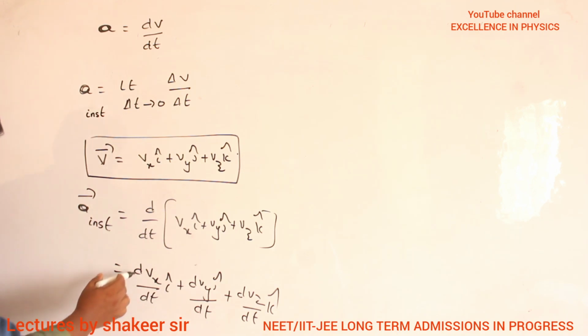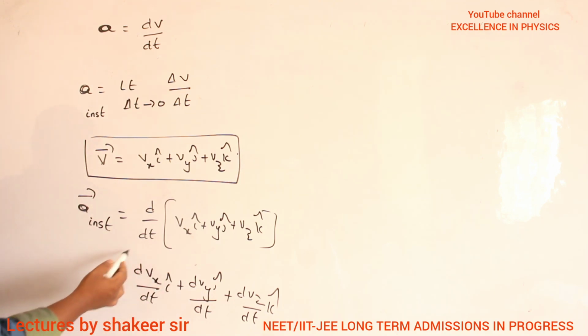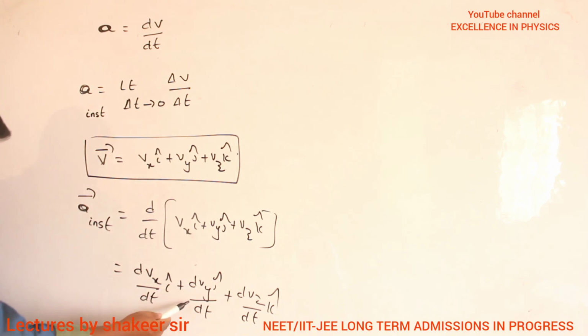Now what is meant by dvx divided by dt i cap? What is the meaning of this equation? This is the acceleration along the x-axis, this is the acceleration along the y-axis, and this is the acceleration along the z-axis. Because change in velocity by time is nothing but acceleration, that already we have studied.